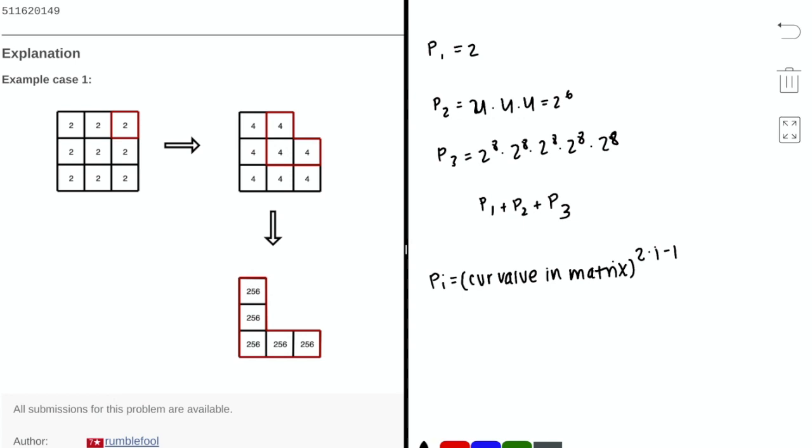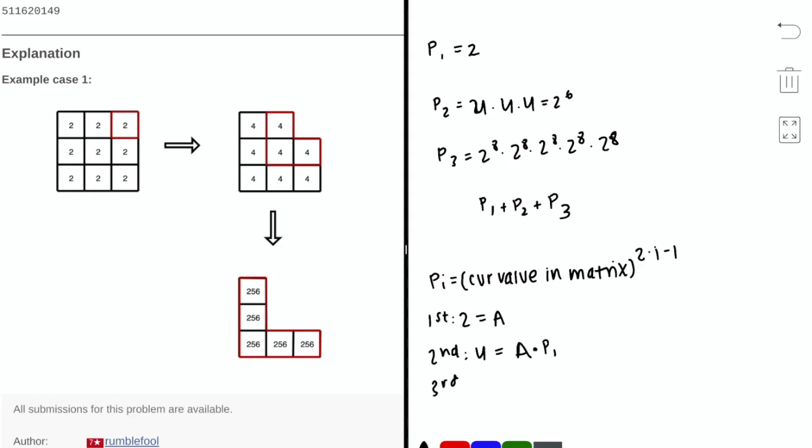Now the problem is we need to find a way to determine what the current value in the matrix is. And so we can actually find this by looking at previous P of I values. So we notice that the first value in the matrix is just 2, and that's just A. And we notice that the second value in the matrix is 4, and that would be A times P of 1.